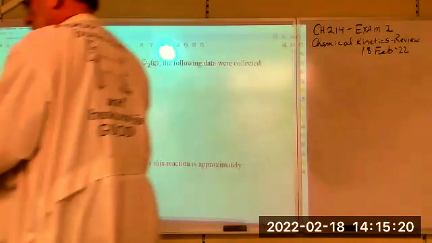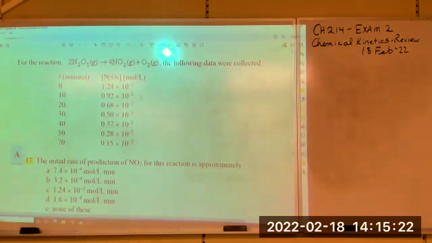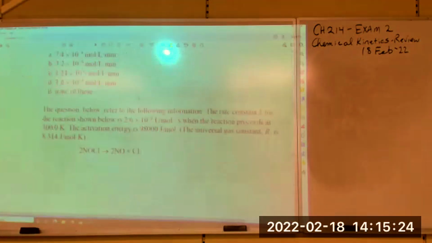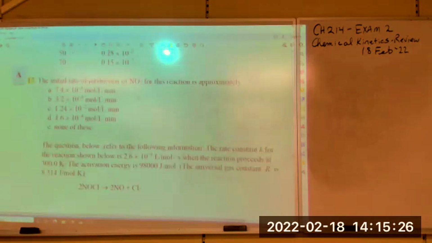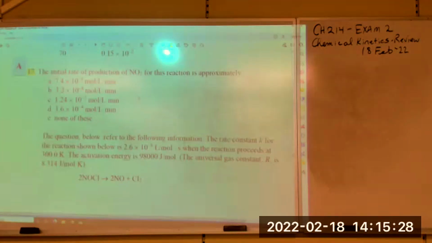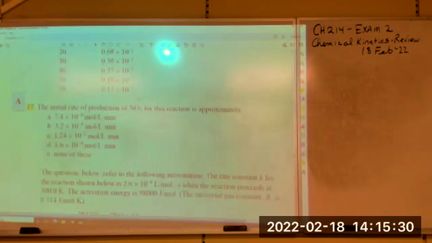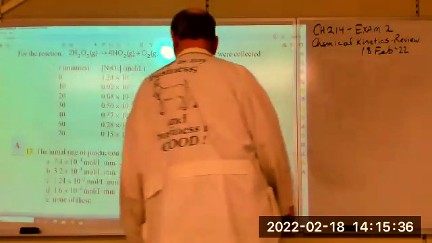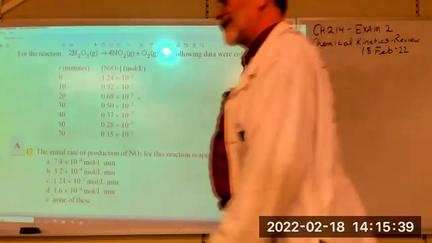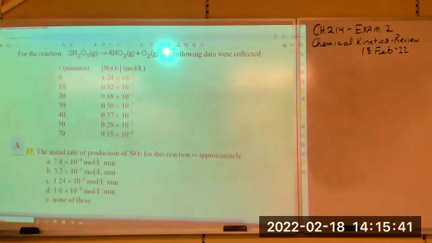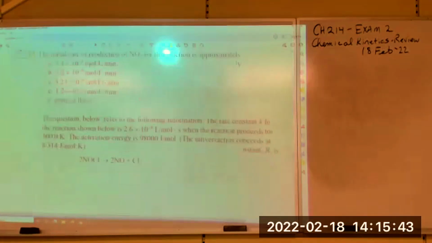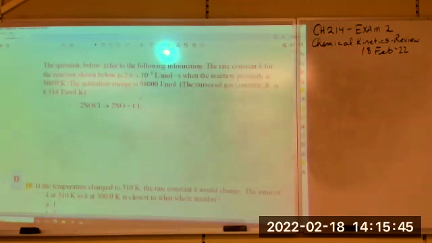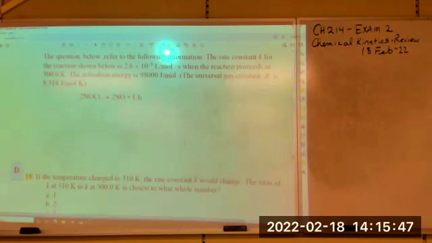Okay, 17. We do it. 17. Here we go. Oh, the question below. So we don't need that part. We just need this part. 17. The initial rate of production of NO2 for this reaction. Oh, no, we already did that one. We do need to go to the next one. Question below refers to the following information.